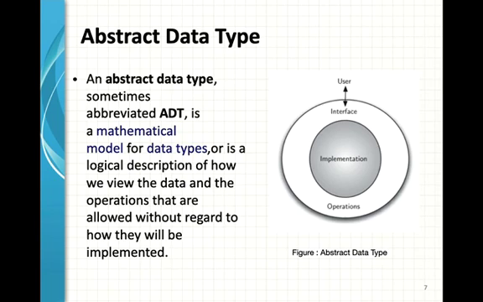So it can also be called a logical description. Mathematical model or logical description, either term can be used interchangeably. So we are seeing this picture: this is the actual implementation, and the interface for user operations is performed in this area.